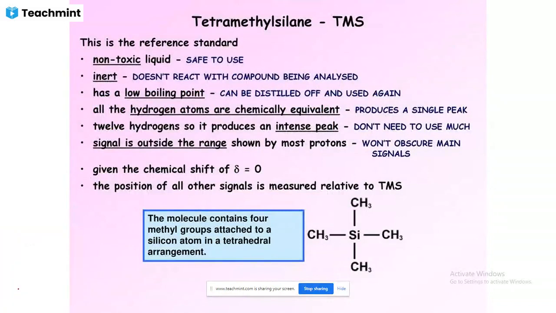There are chemical shift values starting from 0 to 10. So if the value is increasing, from 0 to 10, at that time we call it downfield.